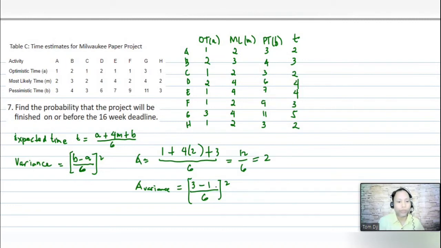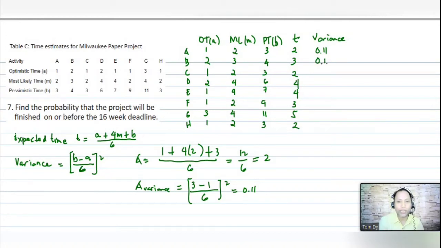And then if we compute 1/3 raised to 2 using the calculator, the result will be 0.11. So our variance for A is 0.11. Using the same process for B, our variance for B is again 0.11.